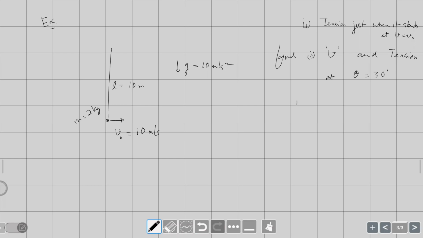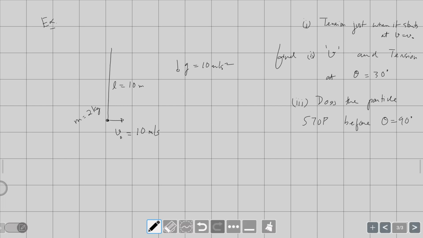And then we have to answer this question: does the particle stop somewhere before theta is equal to 90 degrees, before the string reaches the horizontal position?